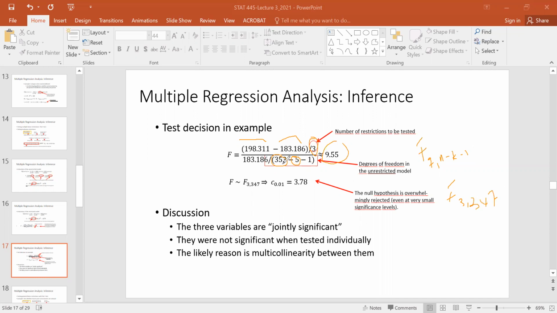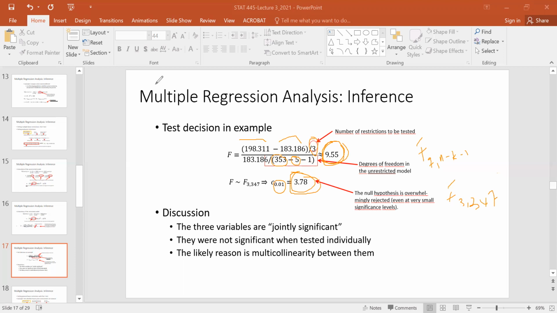If you do 350 minus 5 minus 1, it should be 347. So this is what you read on the F table. When you read that at 1%, you get 3.78. So since F calculated here, 9.55, is greater than F critical, we reject H0.